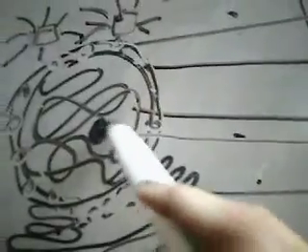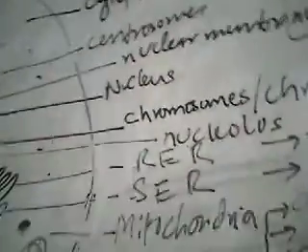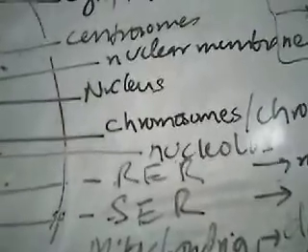Within the nucleus you can see this dark circle over here. This is actually the nucleolus, the center of the nucleus, and overall the nucleus is no doubt the brain of the cell because it carries out major tasks and major processes.